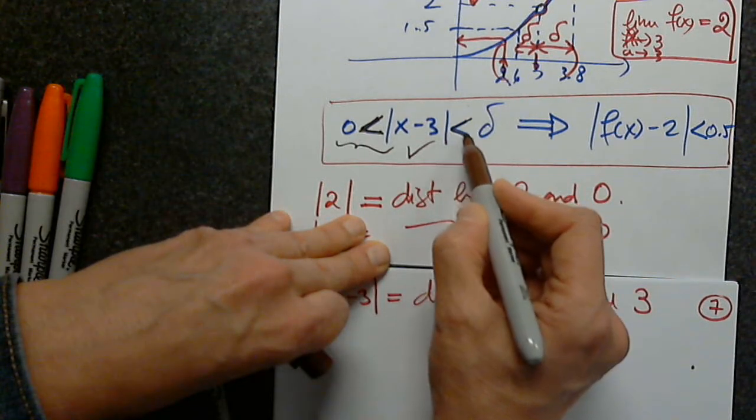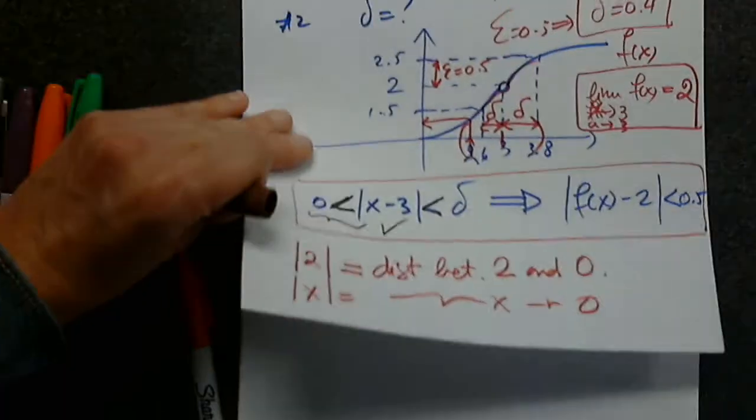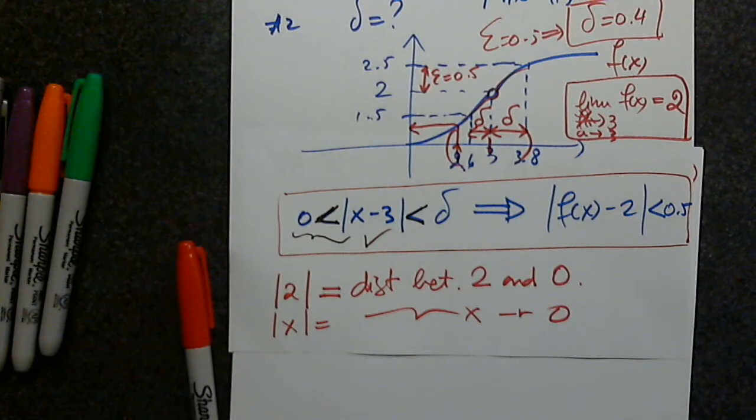And now, obviously, this says less than delta, which means exactly what I said a few minutes ago. Where can I pick x? I can pick x anywhere I want between 2.6 and 3, or 3 and 3.4, within delta. But I cannot pick 3, because this would be equal to 0. So the distance between x and 3 is smaller than delta.